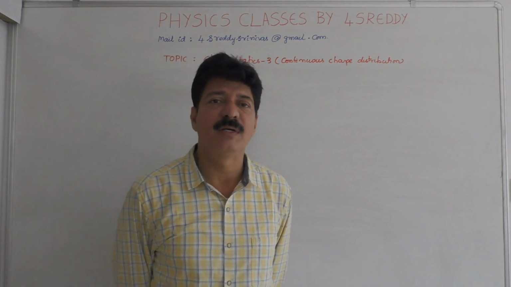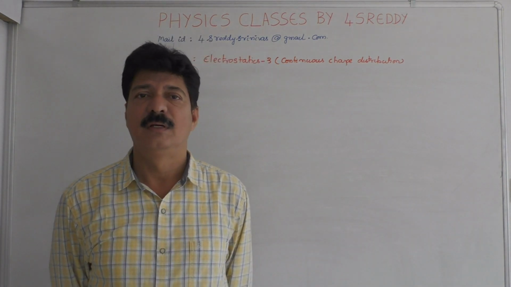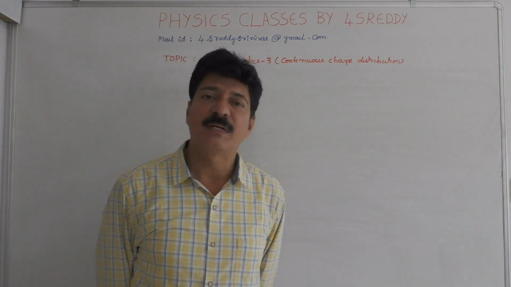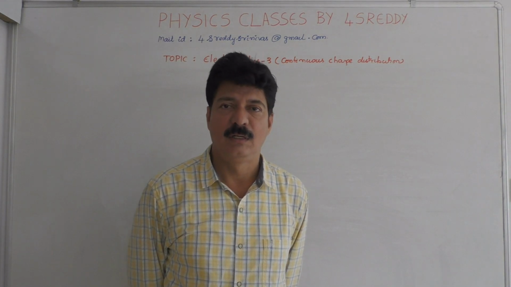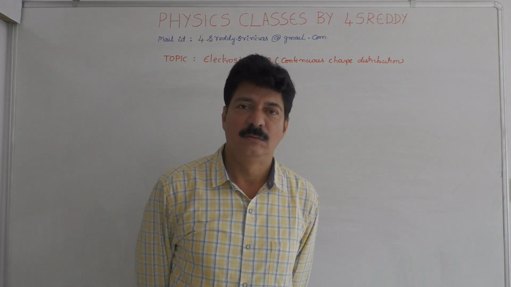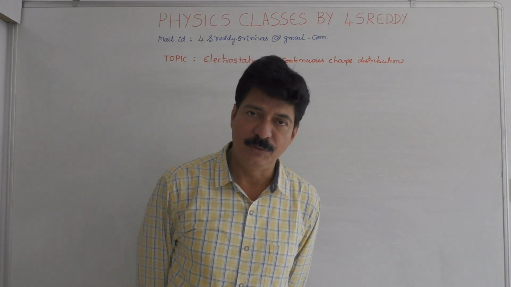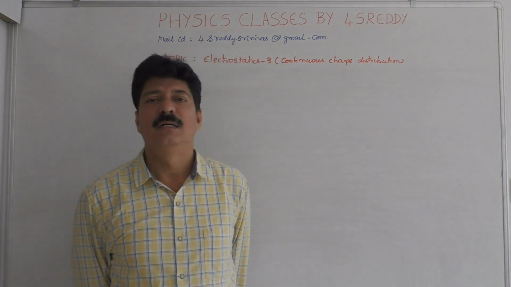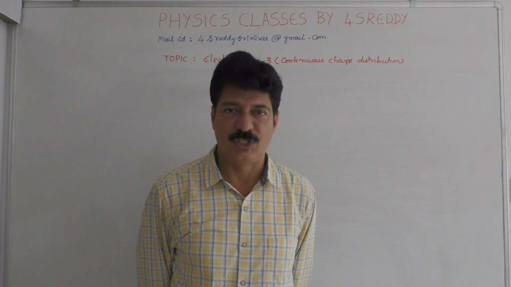So first of all, we must know what is meant by continuous charge distribution. If a system consists of a large number of charges along its length, area or volume, then it is said to be continuous charge distribution.